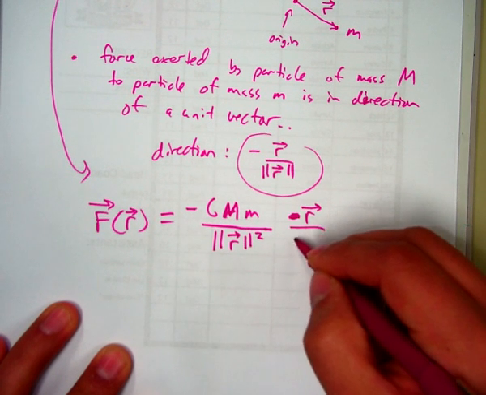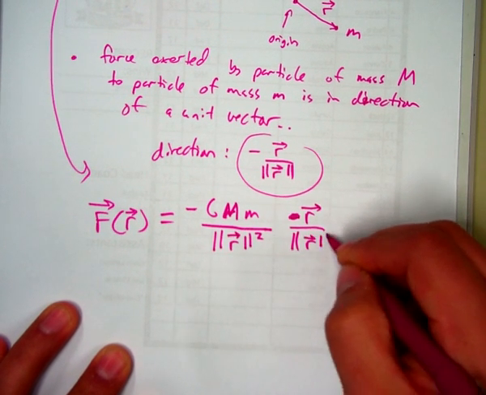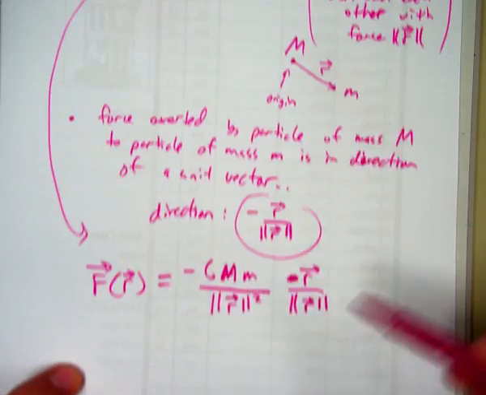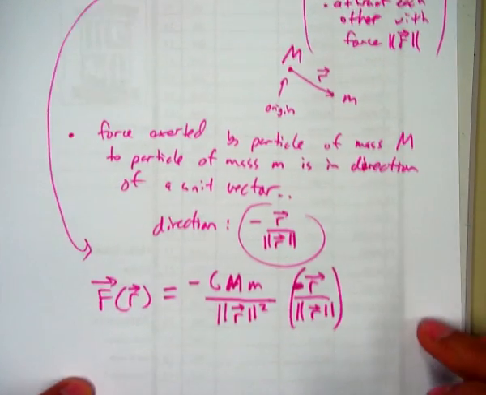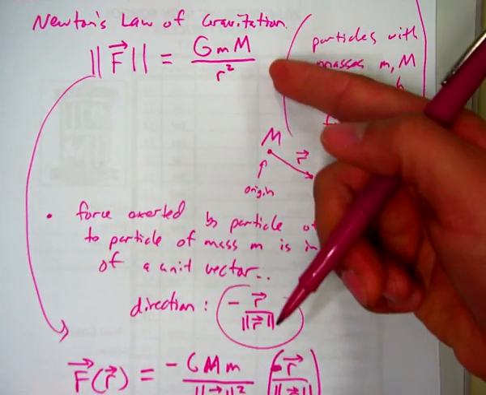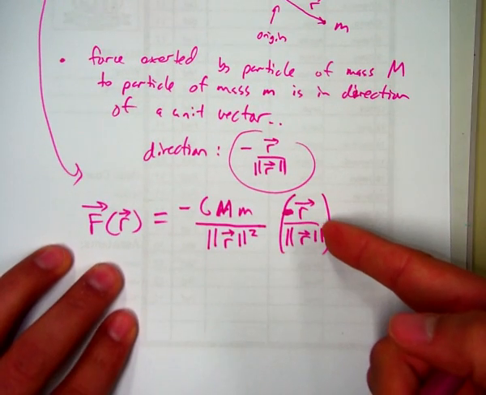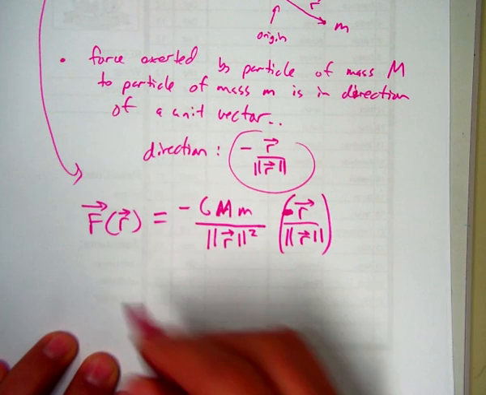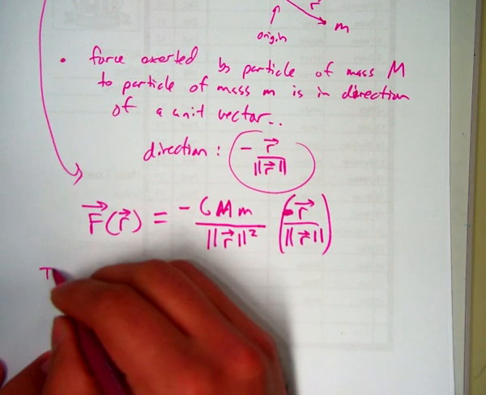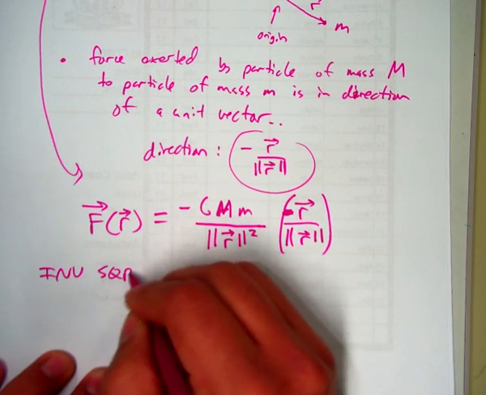This doesn't change the size of the vector, it just gives us the direction. So are we multiplying by that? Yes. I just have a blob there because I messed up what I was writing. So it's the same law, but now we're attaching a direction to it, and this gives us the inverse square field format.